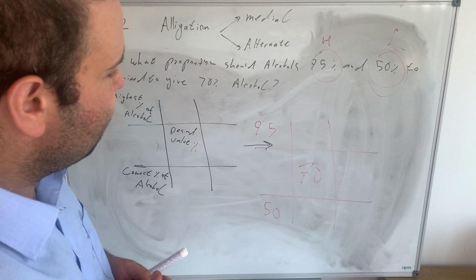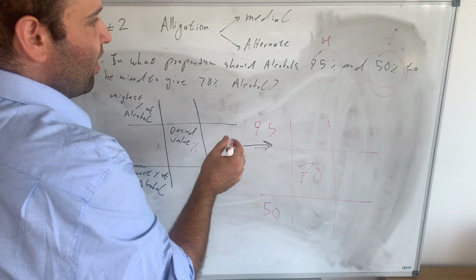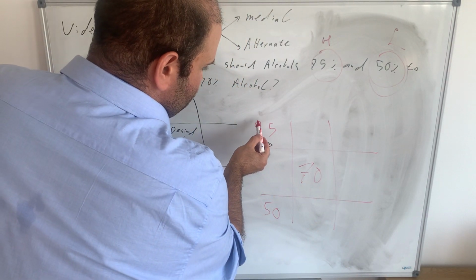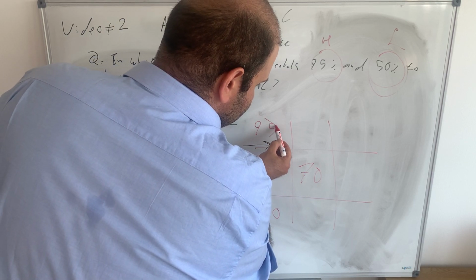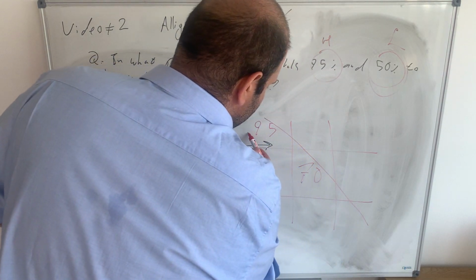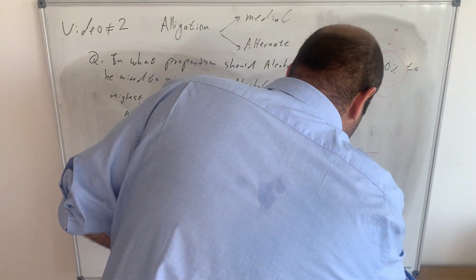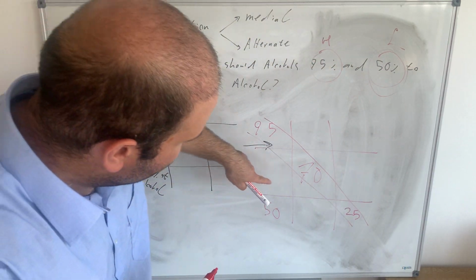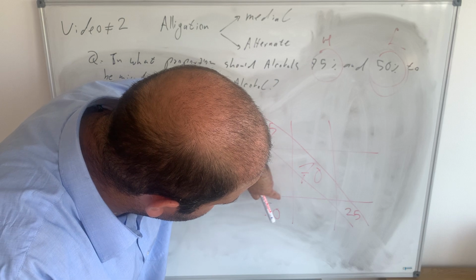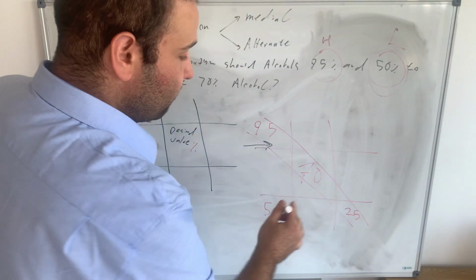The second step, you have to subtract them from each other, this way. 95%, you subtract it from 70. The answer is 25. And now you subtract 50 from 70, or 70 from 50. The answer is always positive.